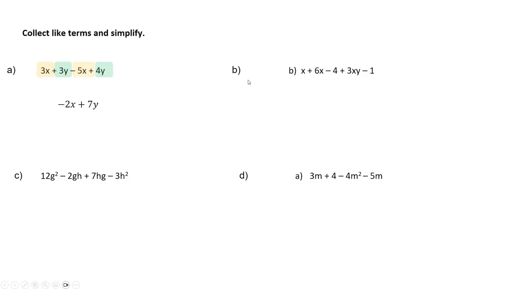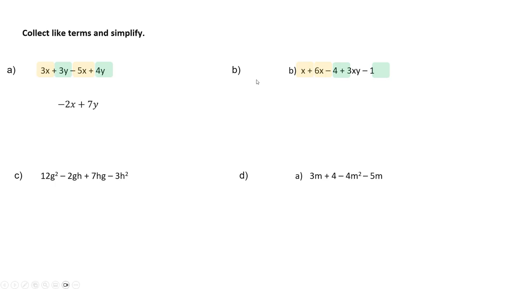Question B, our expression is x plus 6x minus 4 plus 3xy minus 1. Here we have like terms, like x values, so x and 6x are like terms, and 4 and 1 are like terms.